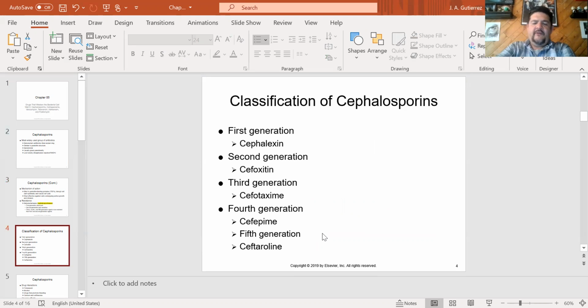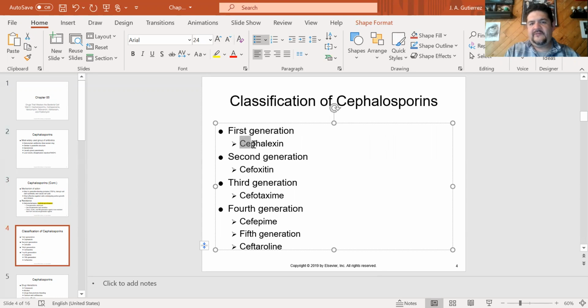And we'll do a quick review. But at least you need to learn one medication from each generation. And all of them start with Ceph, with a PH at the end, or Cef with an actual F at the end.